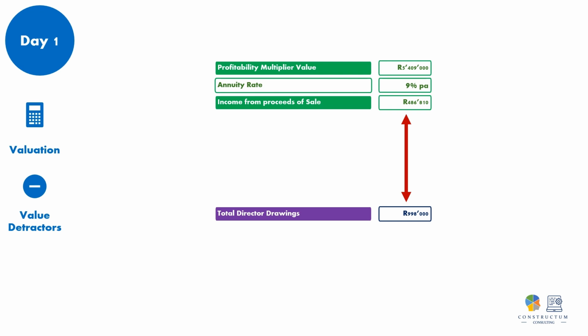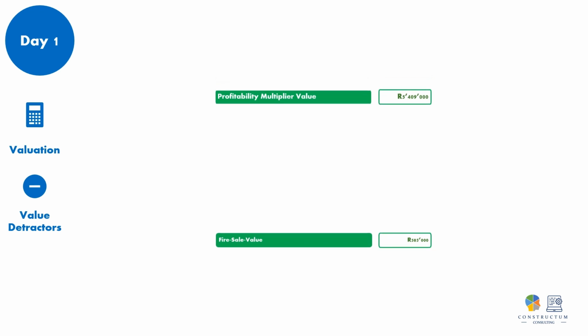The total director's drawings of 998,000 Rand per annum as calculated before. Nevertheless, the capital that the owner of the business may realize from selling the business is likely to fall between the low fire sale value and the higher profitability multiplier value.